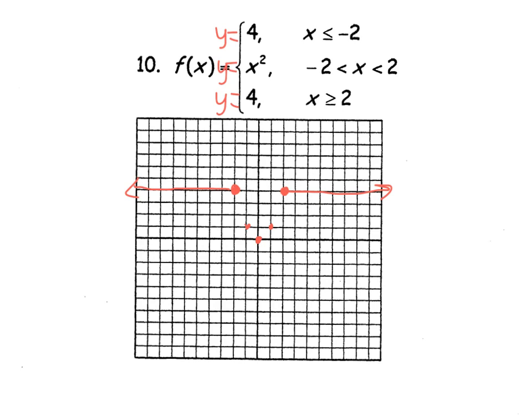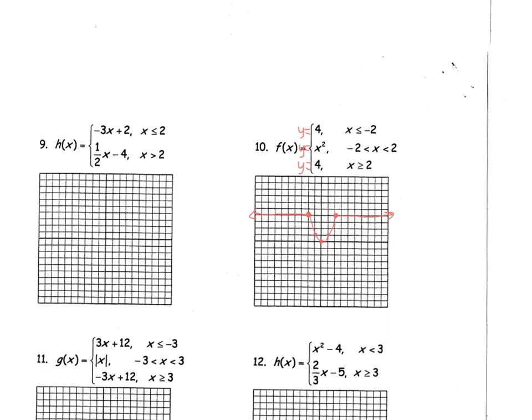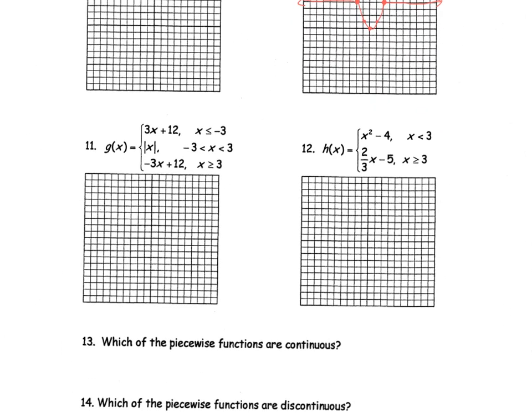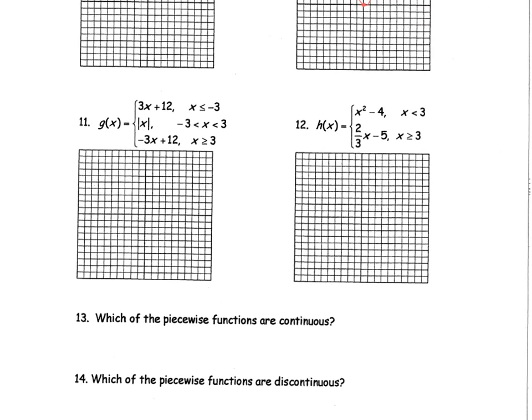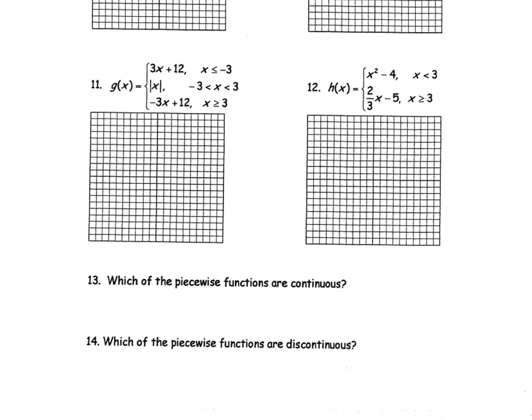Usually we would write an open dot, since these are less thans and greater thans, but since they connect to those other closed dots, you are going to keep it a closed dot. So this is what that graph looks like. It's kind of cool. All right. I think you can do those other ones.